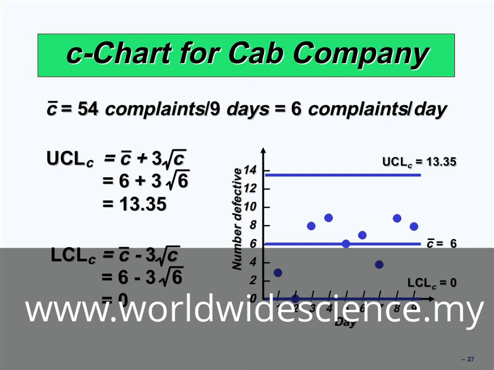Okay. UCL and LCL can be determined like this. In the chart, the horizontal axis is the number of samplings. We have 9 days here, and the number of complaints should be shown on the vertical axis. For example, in day 1, they received 3 complaint letters.